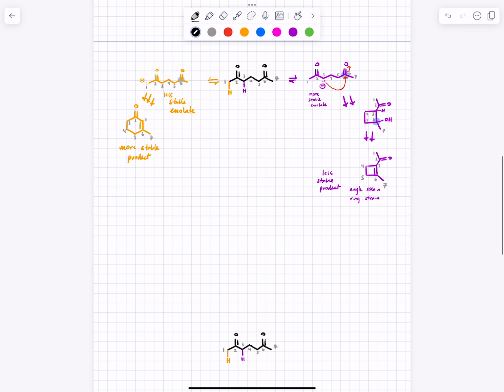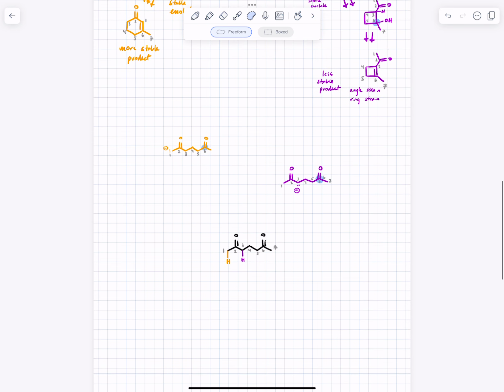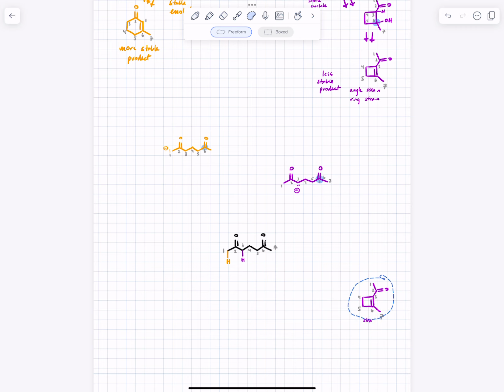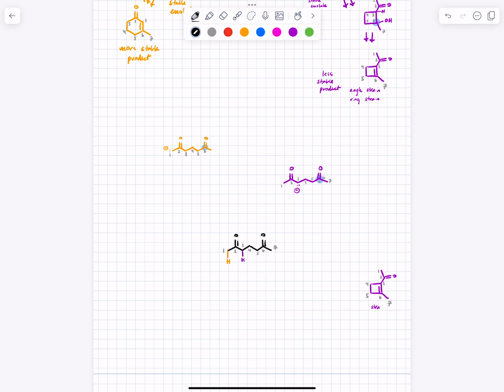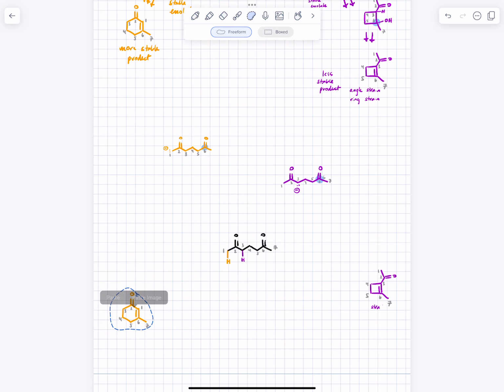And we'll put the purple enolate, which is more stable, here, lower in energy than the orange enolate, which we'll put higher up. But then we'll show the product from the purple enolate as being higher in energy than the product from the orange enolate.